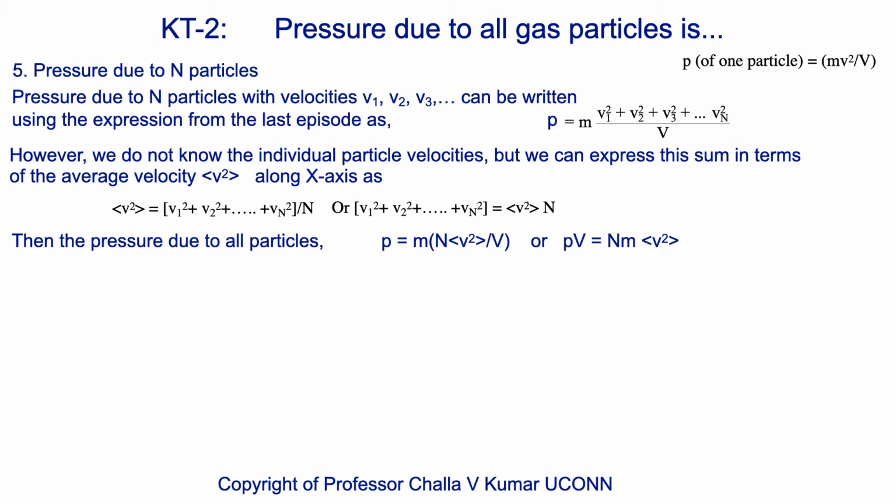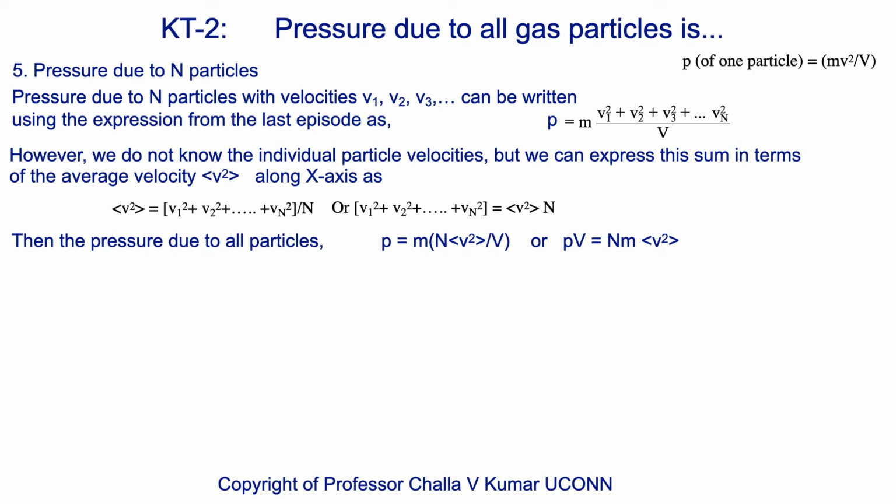So making this substitution, we get a simplification of the above equation: P, the pressure due to all particles, is simply equal to the mass of one particle multiplied by n, the total number of particles, times the average squared velocity, divided by the volume of the container.